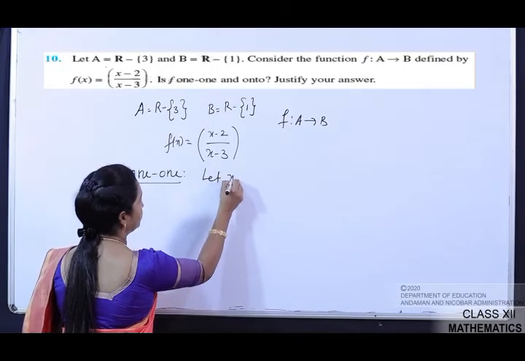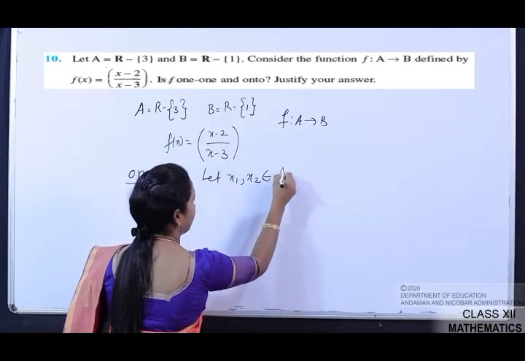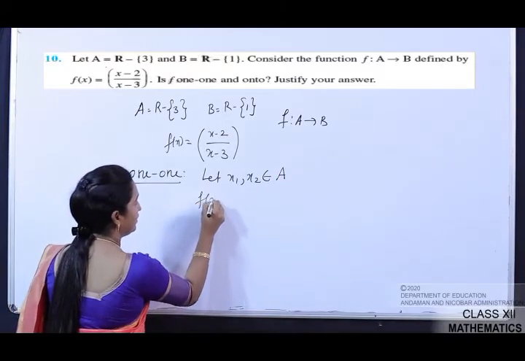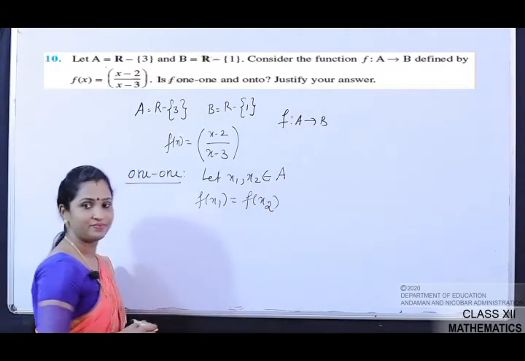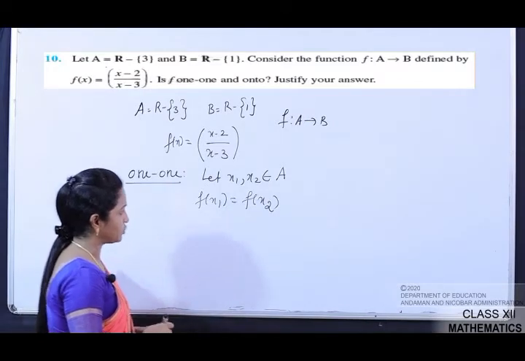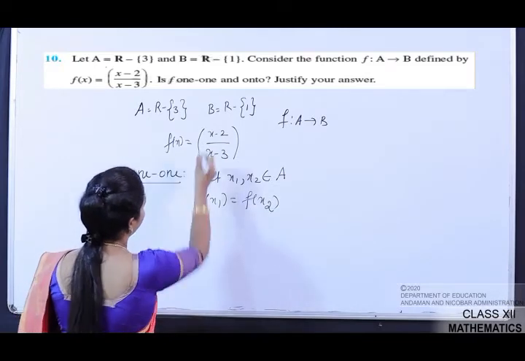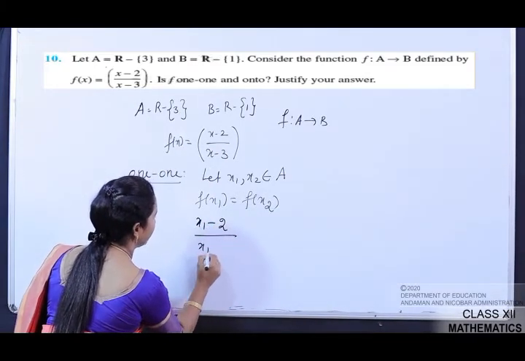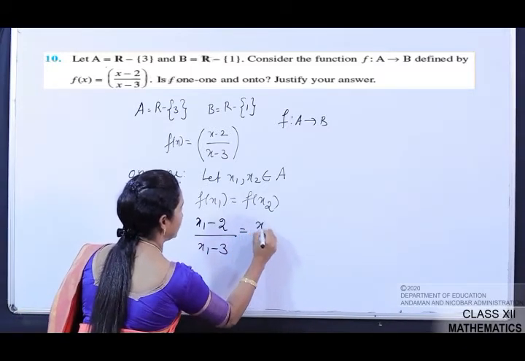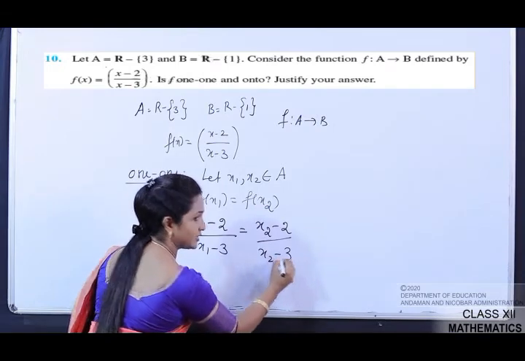We will take two numbers x1 and x2 belonging to the domain. What is the domain here? A. Then we know that f(x1) = f(x2). ठीक है, हमें पता है f(x1) = f(x2). f(x1) = f(x2) means you have to put here (x1 − 2)/(x1 − 3) = (x2 − 2)/(x2 − 3).